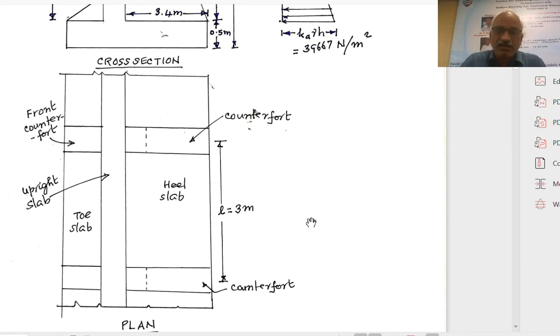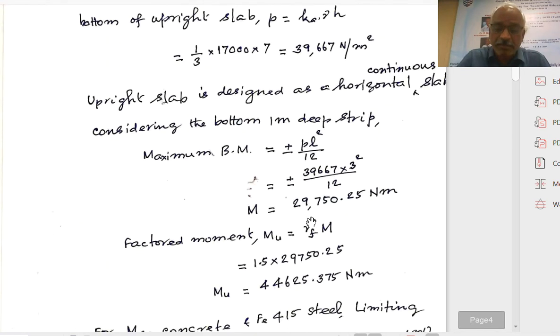Now here we are going to discuss the main counterfort, the front counterfort, the connection between the counterfort and the upright slab, and the connection between the counterfort and the base slab, namely the heel slab. This is what is pending, right? Therefore, we'll go to the next figure.